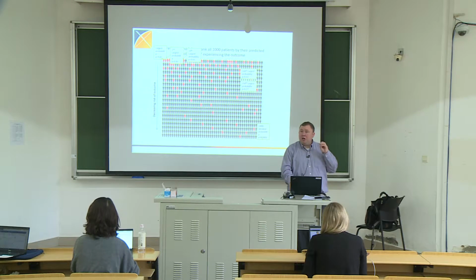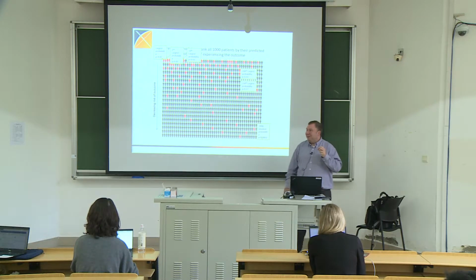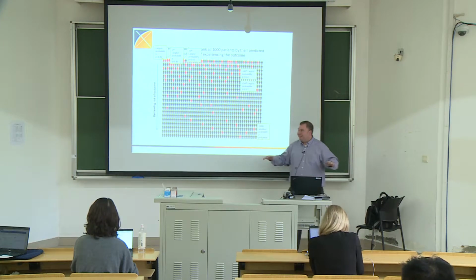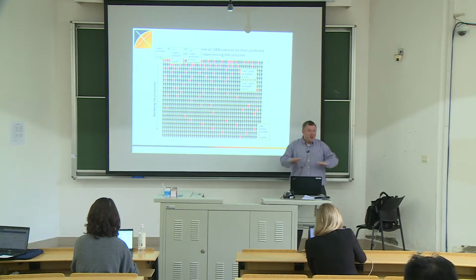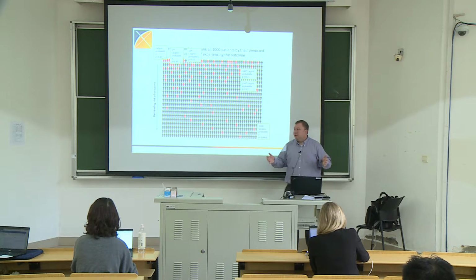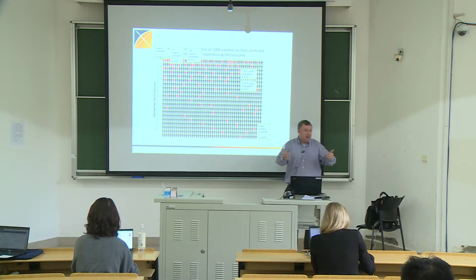Now, it's important to understand that these models that we are going to produce are not going to be perfect. In fact, they're not going to be very good at all. But our goal is not to produce a perfect model. Our goal is to do better than a world where we have no model. So as long as we can do better than nothing, we are already advancing healthcare.